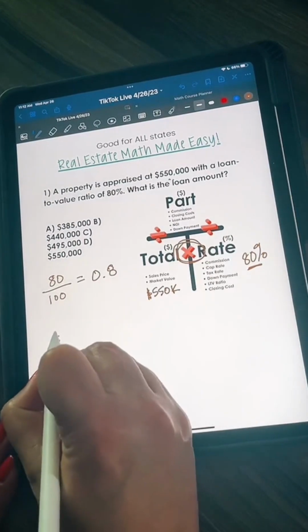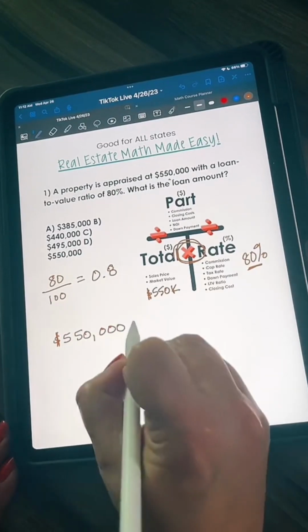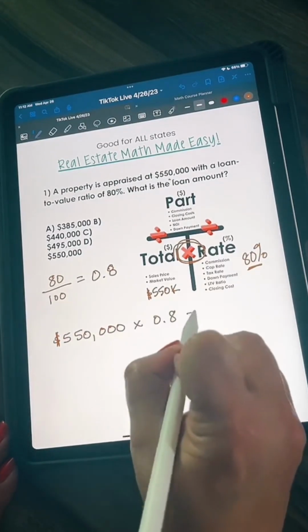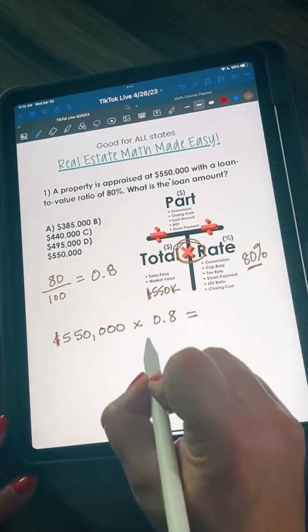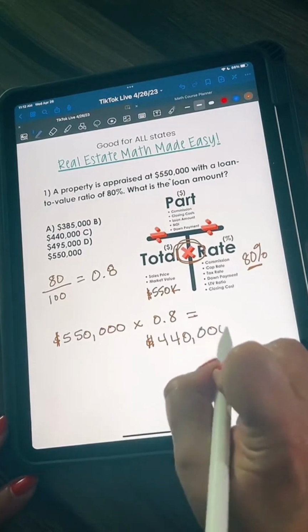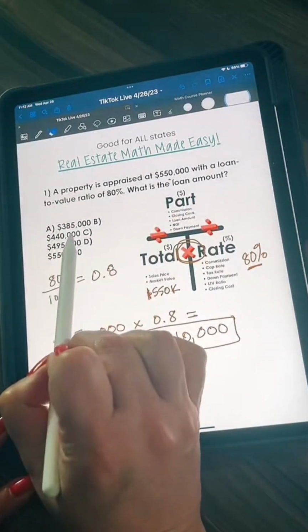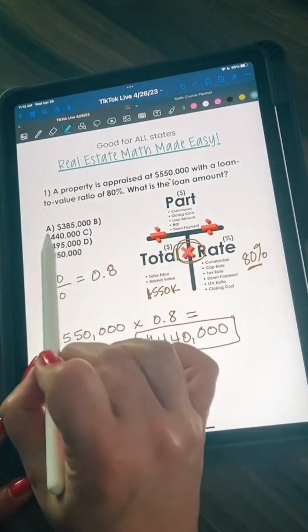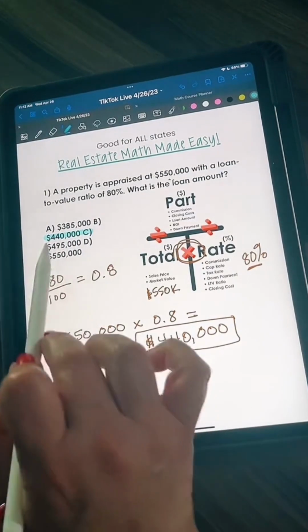So I say $550,000 times 0.8. And when I multiply that, I get $440,000. And that's my answer. Sorry, I didn't align it correctly, but whatever. The answer is B.